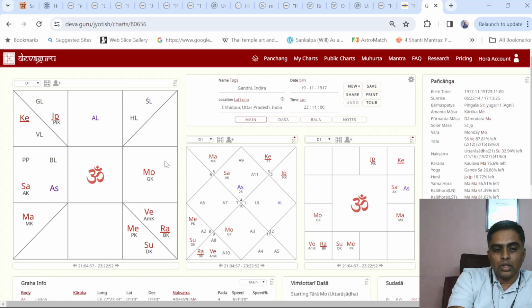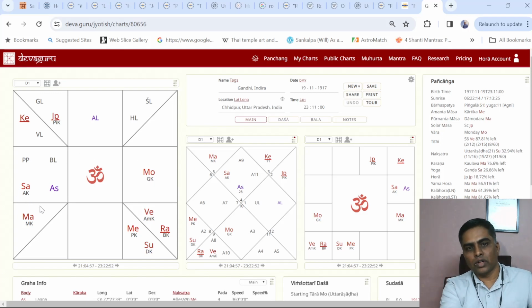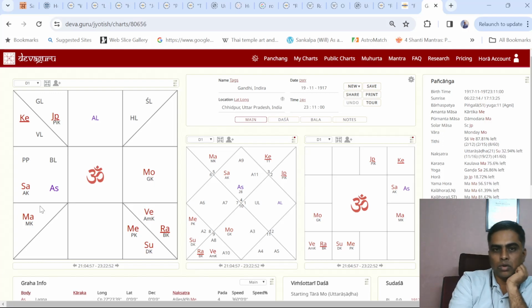So this Moon, the Varesha and Lagna Lord, is straight away involved in a yoga with Saturn, which is giving her a Raja Yoga, and Saturn is the seventh Lord over here. The seventh house is our connect to people outside, so definitely it will bring her a huge level of connect with people outside.